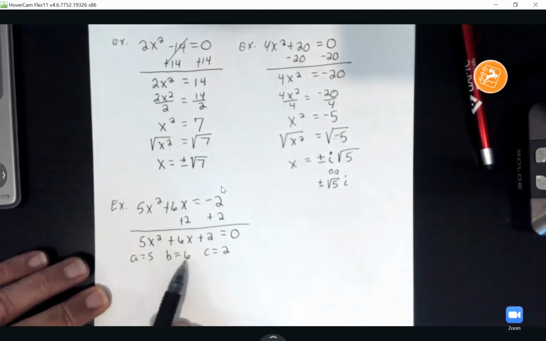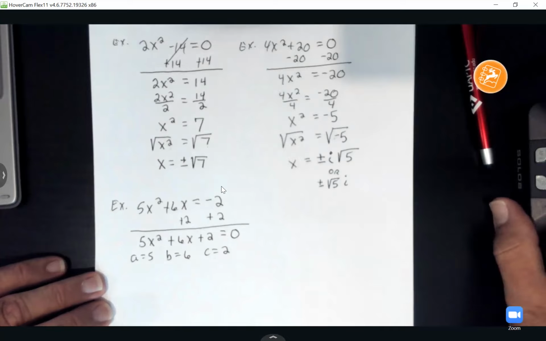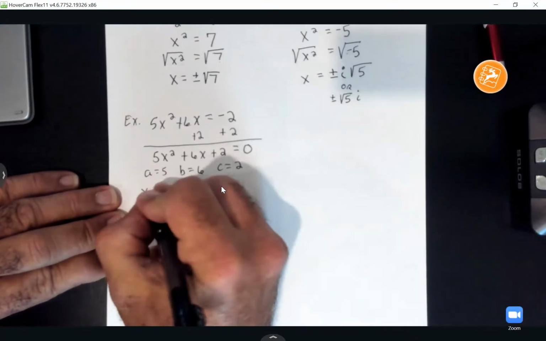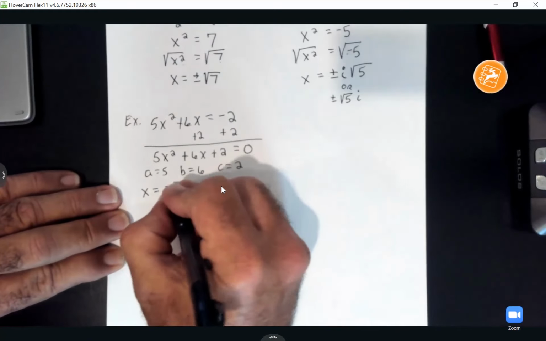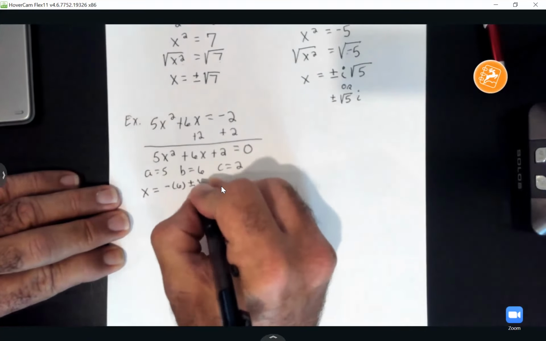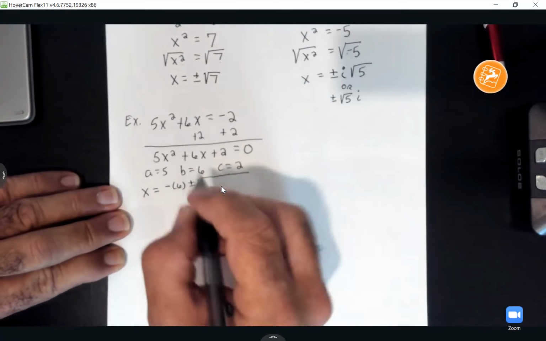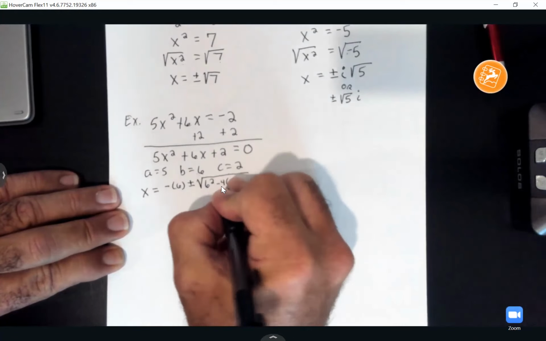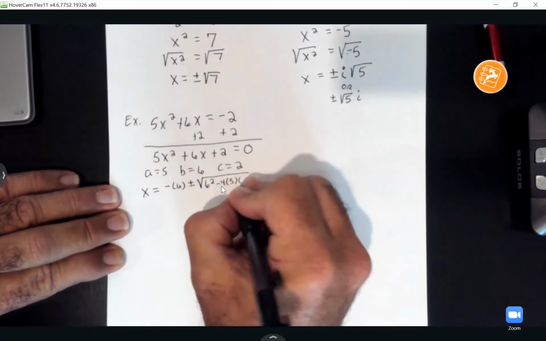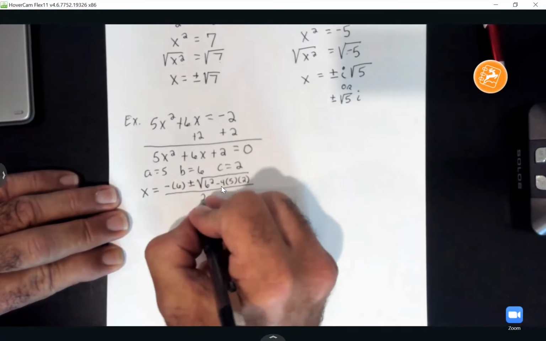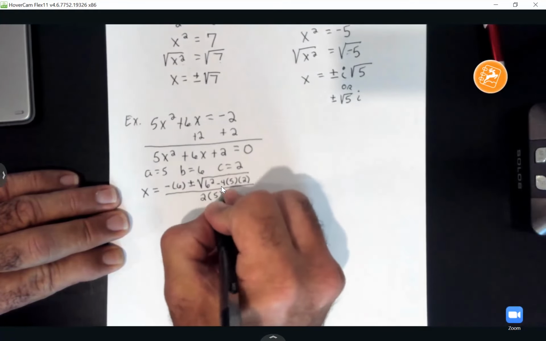So my A is 5, B is 6, C would be 2. So here we go. x equals -b, which is -6, plus or minus the square root of b squared. So that'd be 6 squared minus 4 times A, which is 5, times C, which is 2, all over 2 times your A, which is 5.